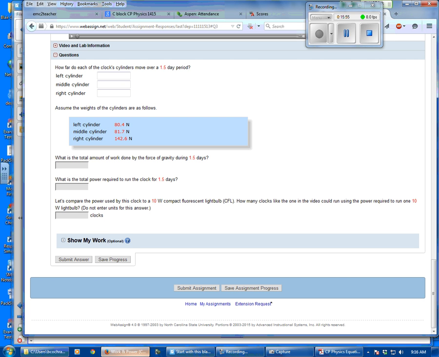You do need to include your units, and if you don't remember that, oh, maybe you don't have to, oh yeah, you do, because the last one says do not enter units for this answer. So up here, don't forget to put a space between your number and your units. Of course, work should be in joules and power should be in watts, so don't forget your conversions there.